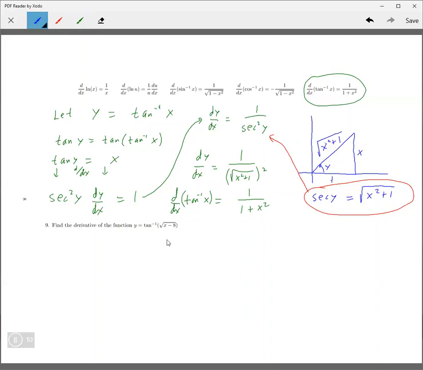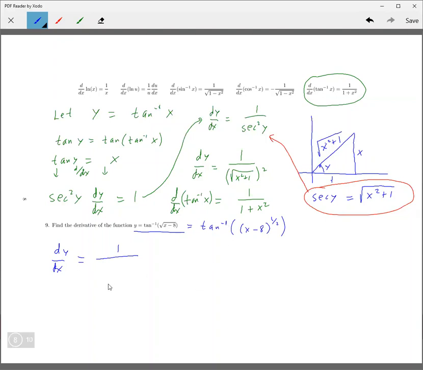And we're going to use them to find some derivatives. So first of all, we're going to find this derivative here. It's the inverse tangent of this. So first of all, it's going to be 1 over, let me rewrite this. Instead of the square root, I'm going to write it as x minus 8 to the 1/2. That helps things a bit.